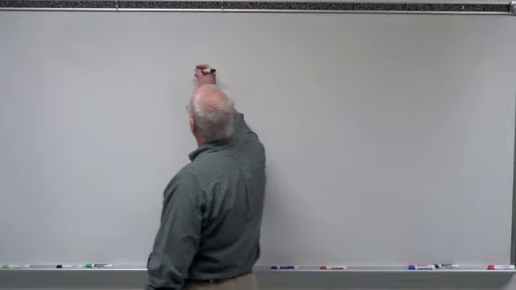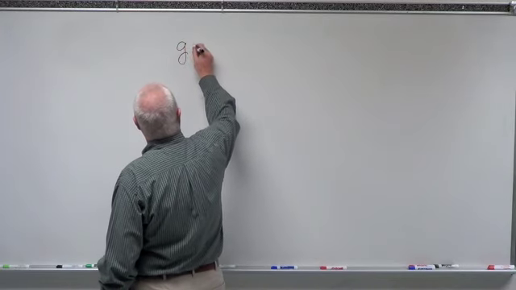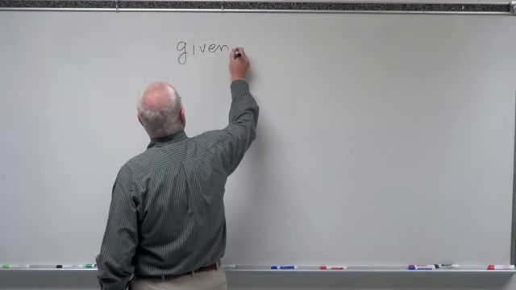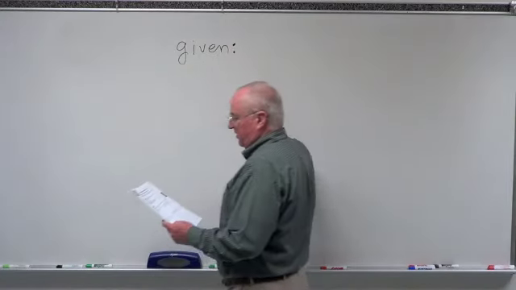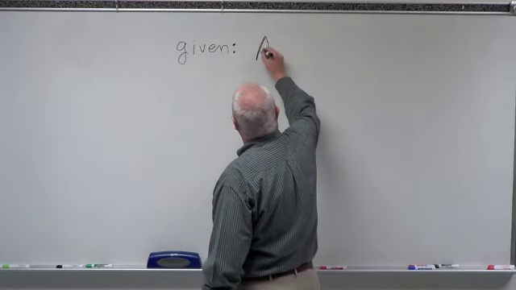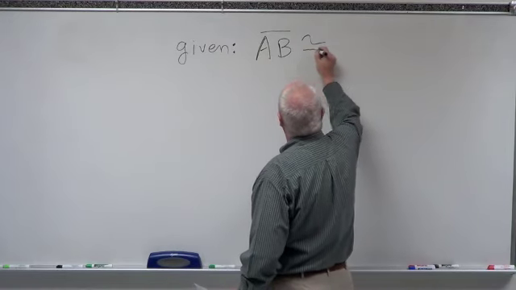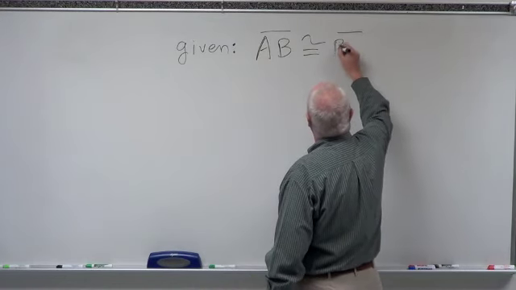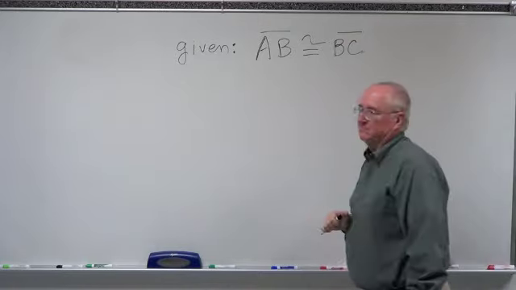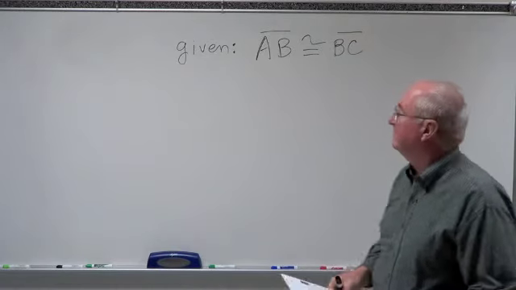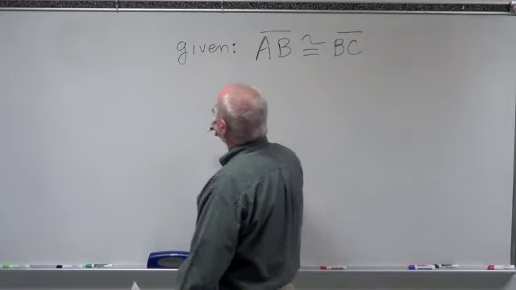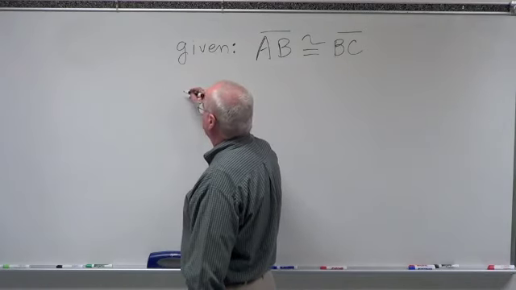Given. Sometimes the conjecture is written that way. Given, and we'll put a colon there. And we'll say this: segment AB is congruent to segment BC. Okay? That's our given or that's our statement. That's our known facts.